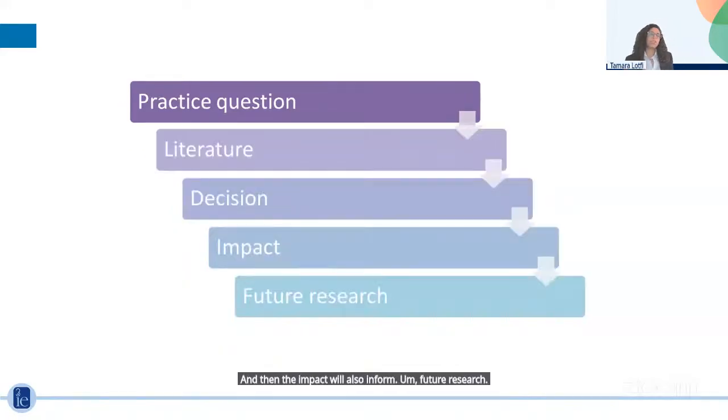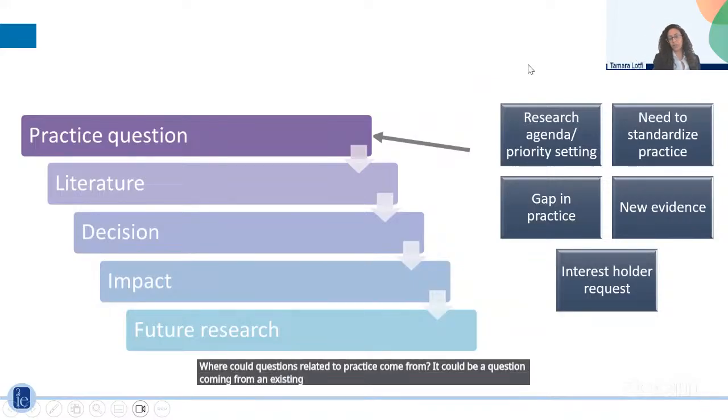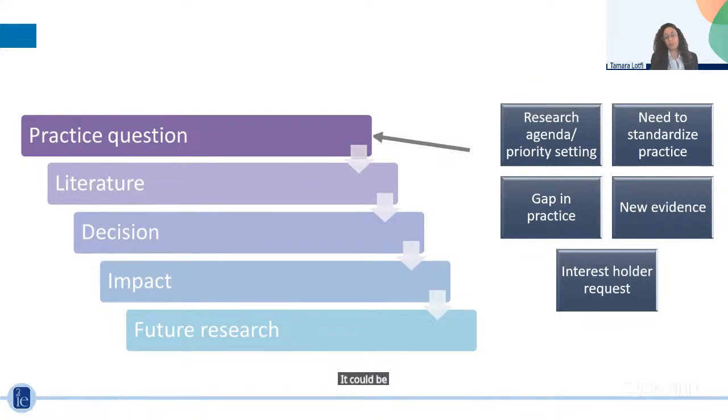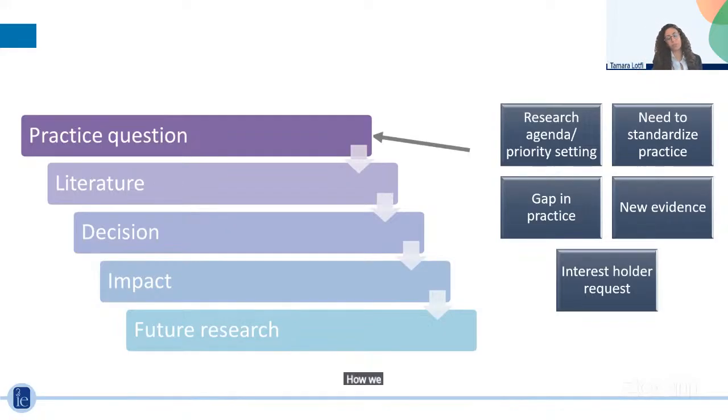Now, if we break this down, specifically for the practice question, where could questions related to practice come from? It could be a question coming from an existing research agenda or a priority setting exercise. It could be from a need to standardize practice. So we're picking up on variations and we want to see how we could standardize practice.